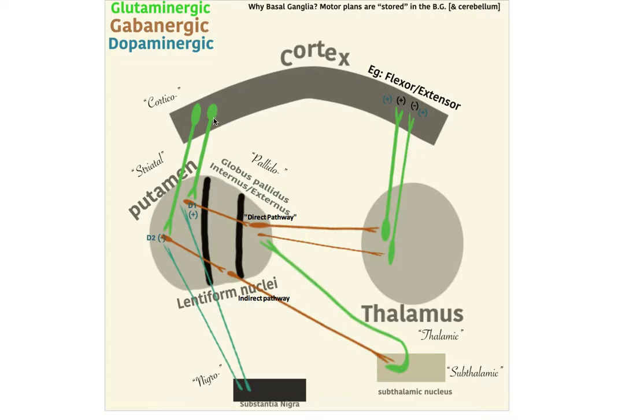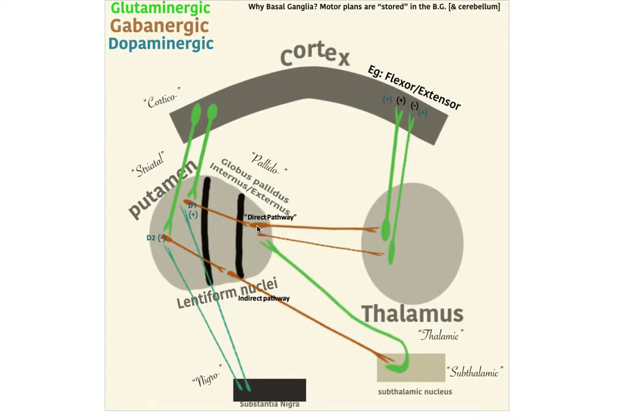So let's walk through the pathways one by one so we can quickly understand how the signals are flowing. The cortex sends a glutaminergic signal to the putamen, which is the outside section of the lentiform nuclei. That activates a GABAergic neuron, which sends an inhibitory signal onto an inhibitory GABAergic neuron.